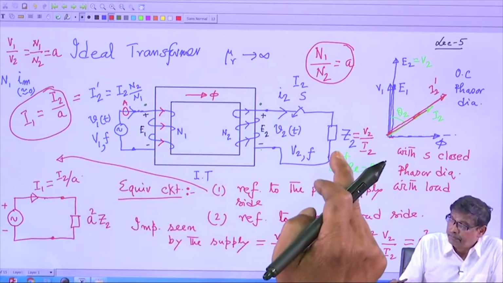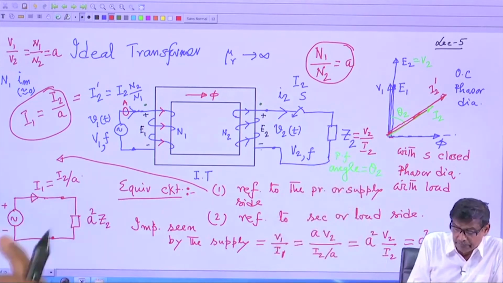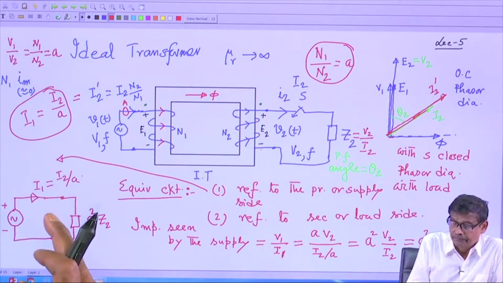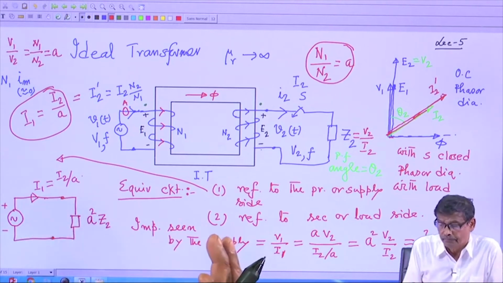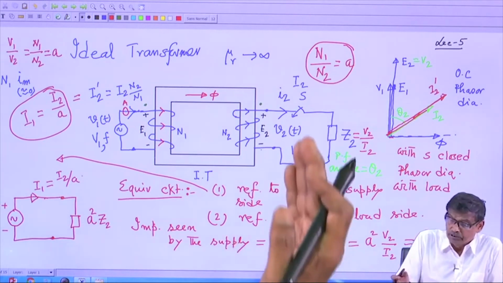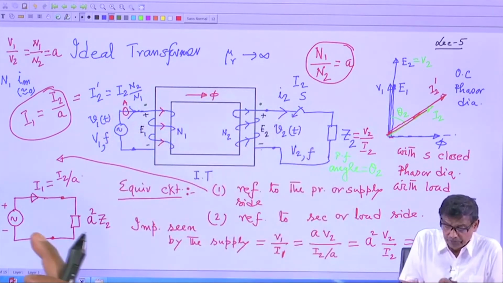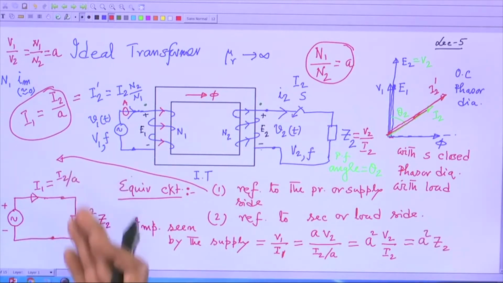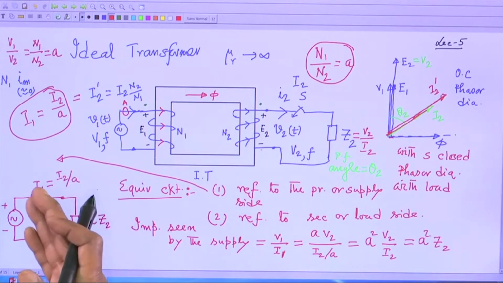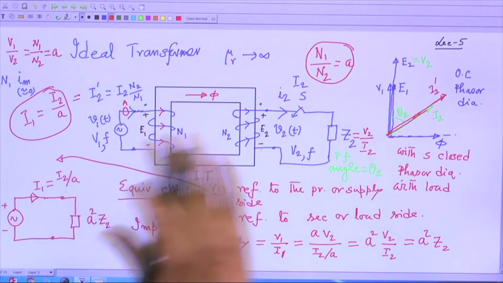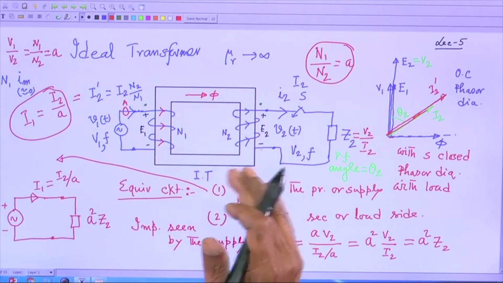If you have connected an impedance Z2 here, solve this simple circuit where it is A square Z2, get the current I1, and we have solved the problem. You may ask, but my actual circuit was this. So, I have solved for I1, and you can easily calculate I2 simply by multiplying this I1 with this small a. That is the beauty of this particular method of analyzing the circuit.